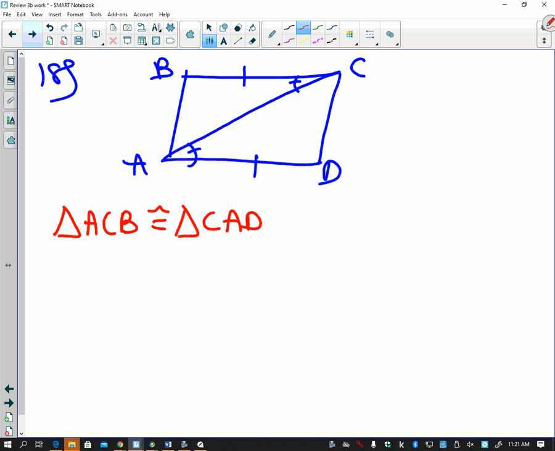Okay? Now, they have an angle that's congruent to an angle. They have a side that's congruent to a side. That's not enough. We don't have like side angle congruency postulate or angle side congruency postulate. We don't have enough information. Okay, at least not through tick marks yet. Is there anything else that's congruent?